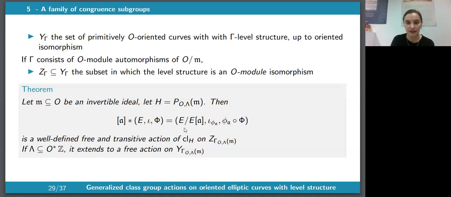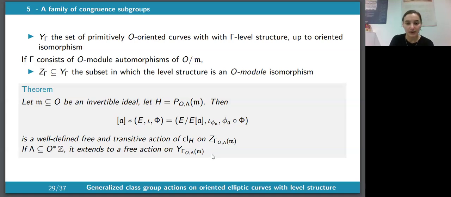So for the first part, it really works as usual. We send E to the codomain of an isogeny phi_A defined by this ideal class A. The orientation is the one induced by the isogeny phi_A, and the level structure is the same level structure as in the domain, now post-composed with the isogeny phi_A.